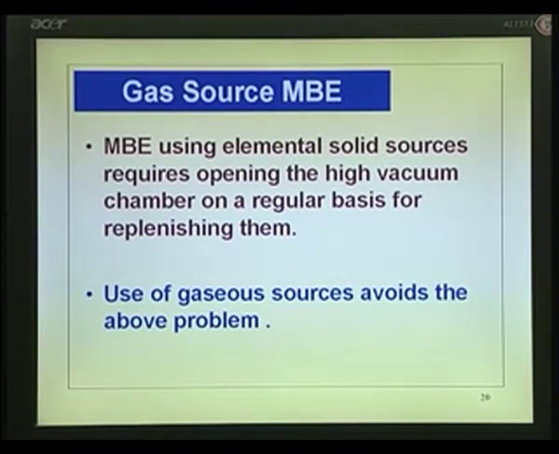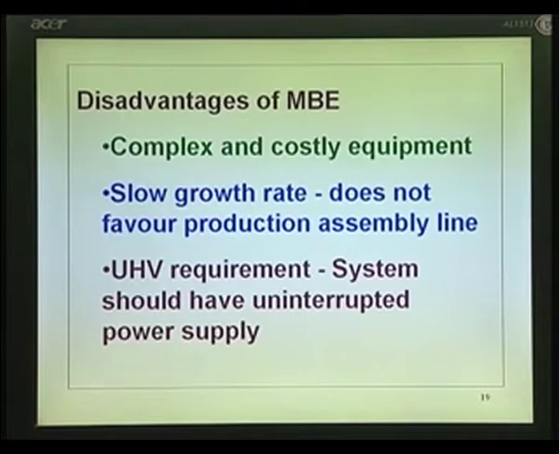Now, whatever we have been discussing is the MBE system with the source from these K cells. Now, there is a problem with the system. We avoid the problem of exposing it to ambient during loading by having the load lock system. Now, those K cells which are sources of gallium, arsenic, etc., somebody has to fill them up.